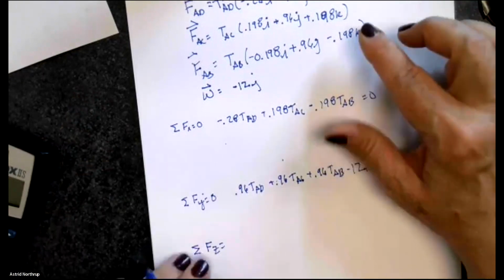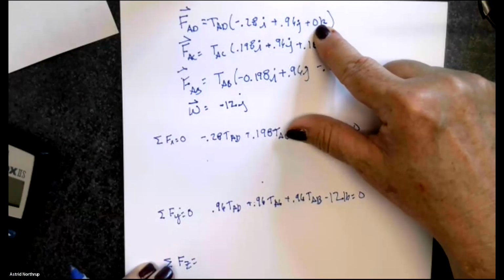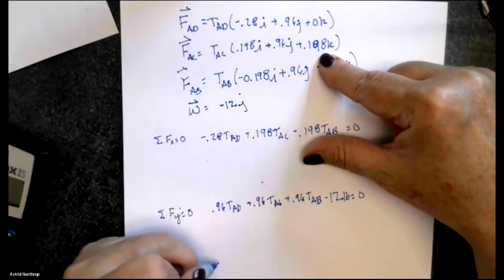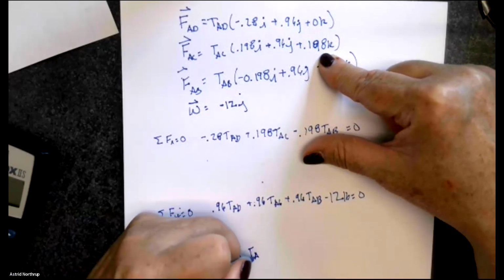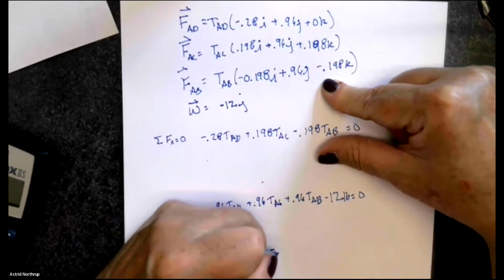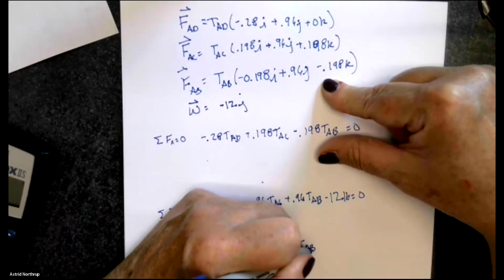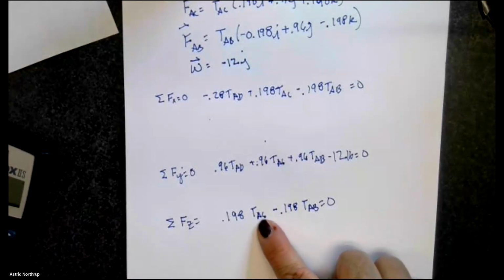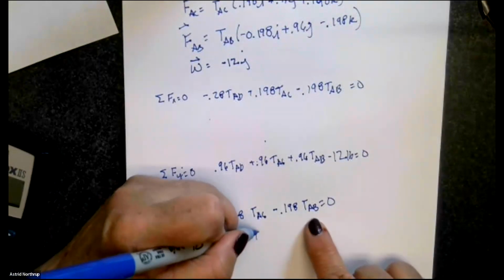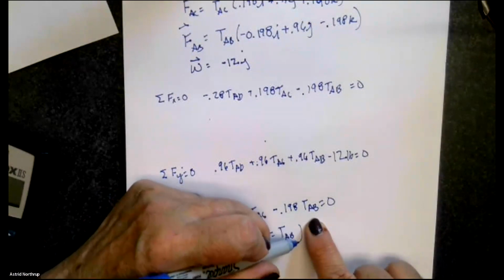So summation of forces in z. I get a pass here because this is equal to 0. So I get 0.198 TAC minus 0.198 TAB equals 0. And here's my first simplifying assumption. If I solve this, I just get TAC is equal to TAB.